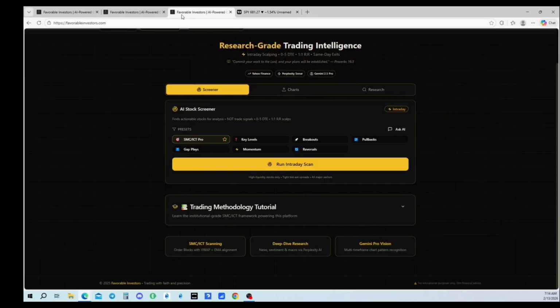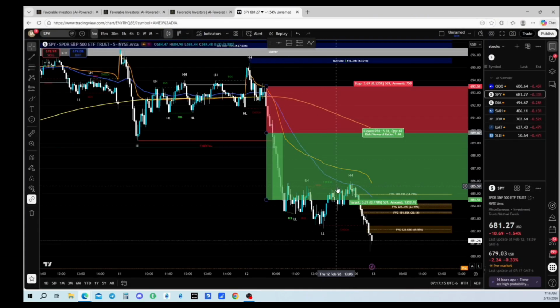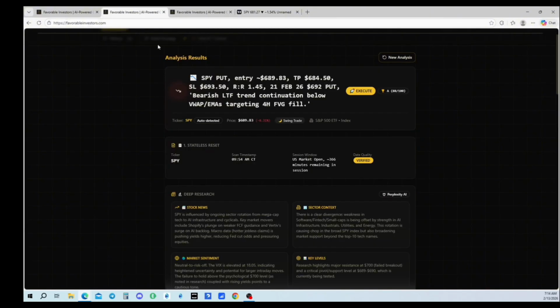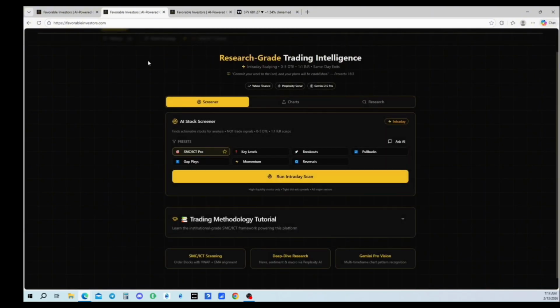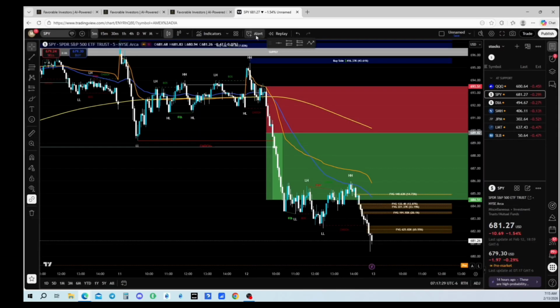This was none of my doing. None of this was from my thoughts or my research, nothing. I got the data. I ran the screener. It told me that SPY was one of the top stocks or ETFs to run that day. I uploaded the charts, and it gave me this setup. And we can see that it works. It works really good.